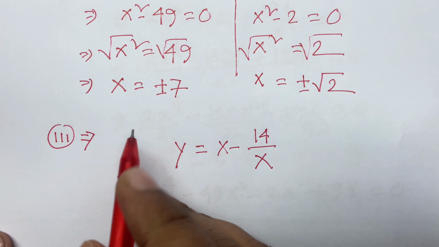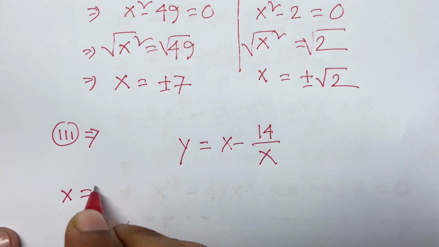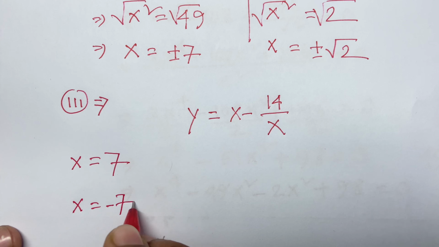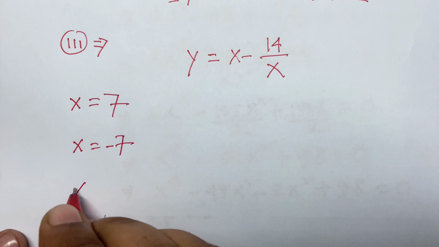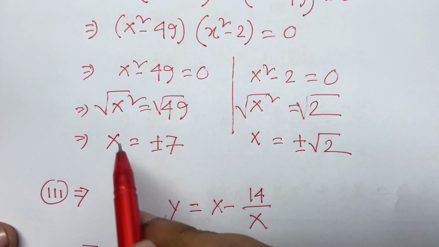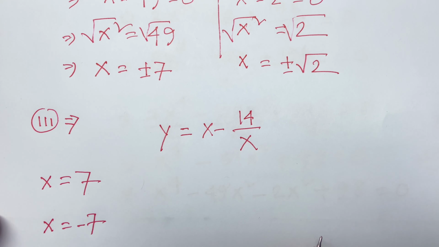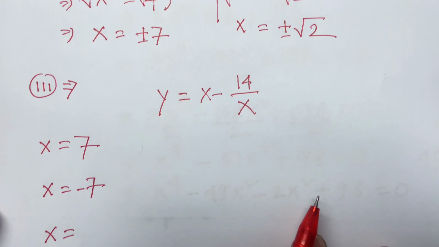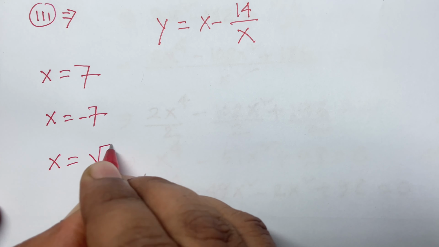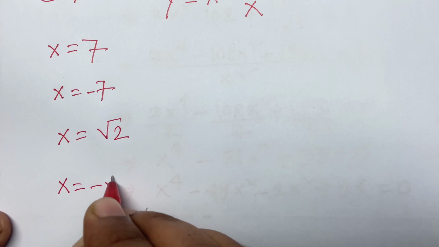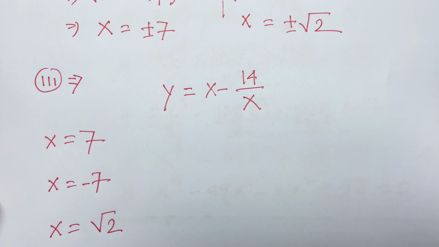We know that x equal to plus 7 and x equal to minus 7, and x equal to plus square root 2 and x equal to minus square root 2.